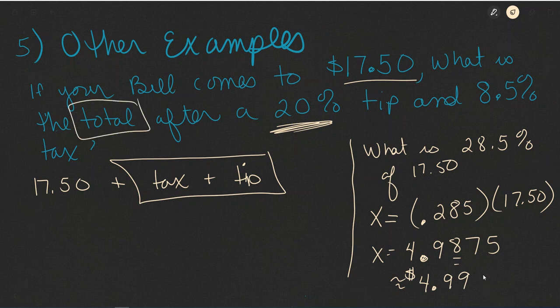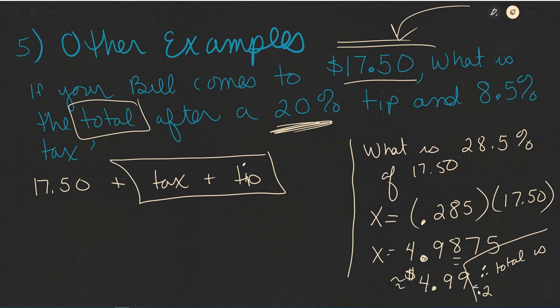So to get the total, I'll now need to add the $4.99 to the $17.50. So therefore the total is $22.49.